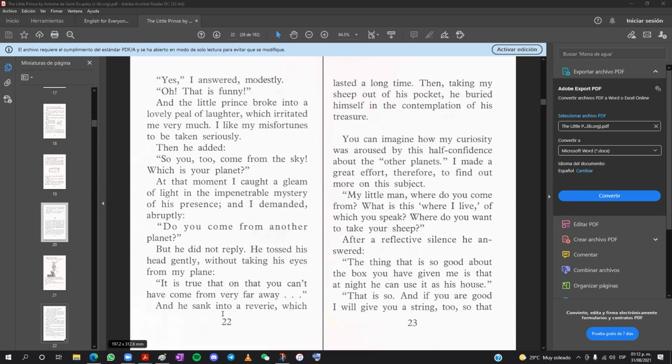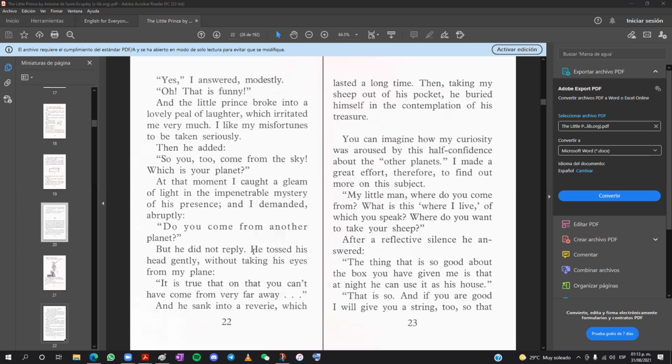And he sank into a reverie Mhm. which lasted a long time. Then taking my ship out, Mhm. Mhm. taking my ship out of his pocket, Mhm. he buried Ajá. himself Buried. in the contemplation of his treasure. Treasure. Mhm. Ok, muy bien.